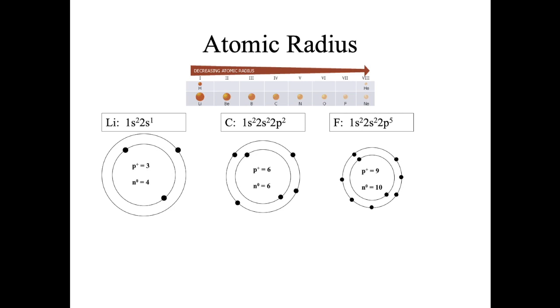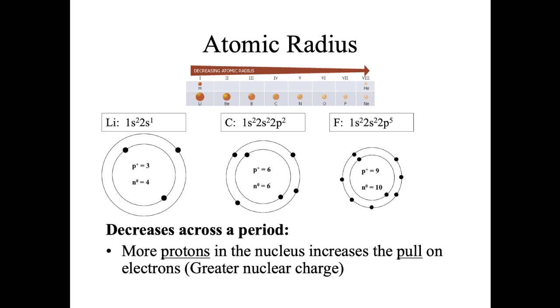Let's talk about the trend in atomic radius as you move across a period. You'll see that atomic radiuses get smaller and smaller. Here we're comparing lithium, carbon, and fluorine, who are all in period 2. So atomic radius decreases across a period because the more protons that are in the nucleus, the more attraction the electrons feel to the nucleus.